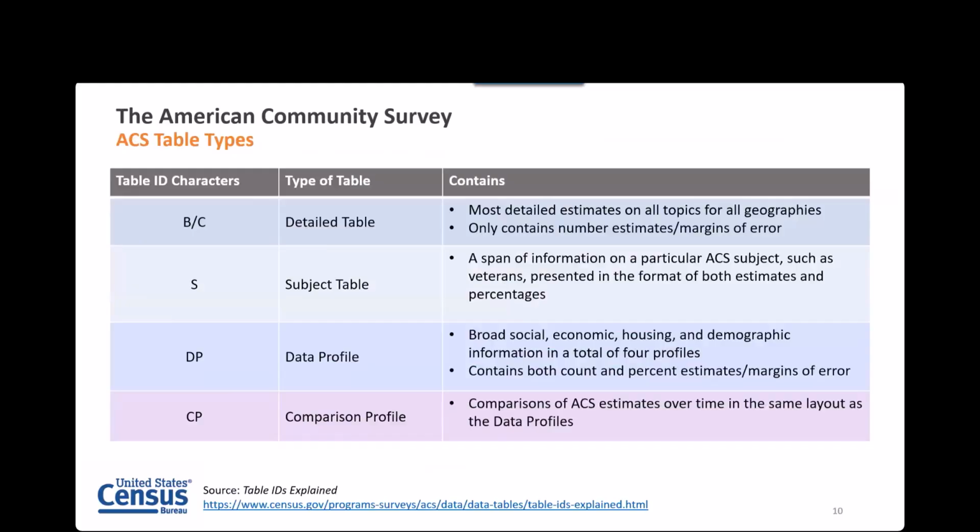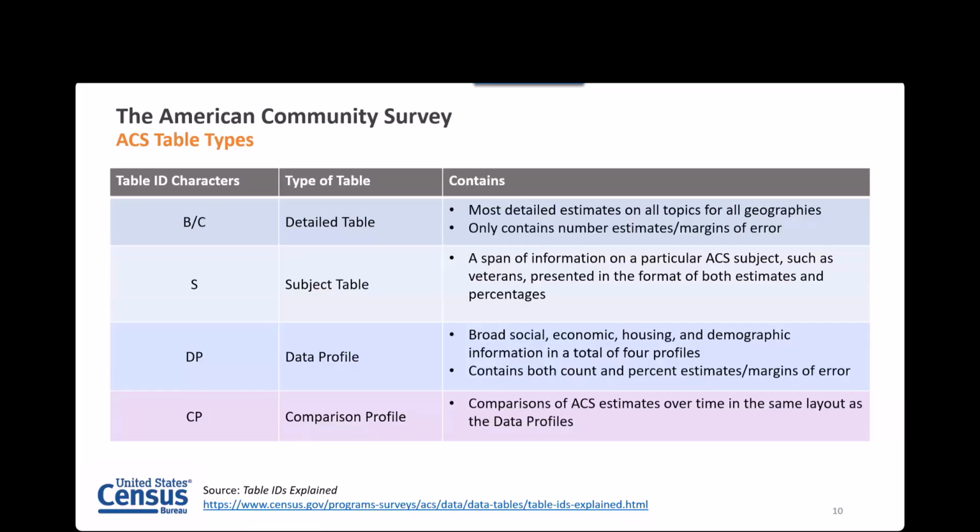All right, and so when you're looking at the ACS, you also have to take into account the different types of tables that the ACS produces. The most tables that they have are detailed tables. These are available for all topics, for all geographies. They typically contain only number estimates and margins of error.